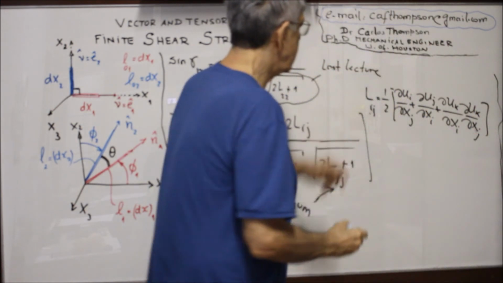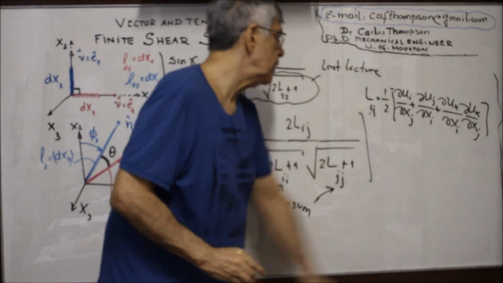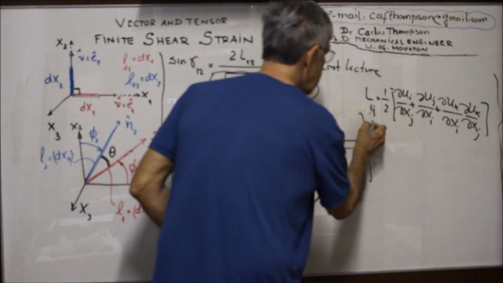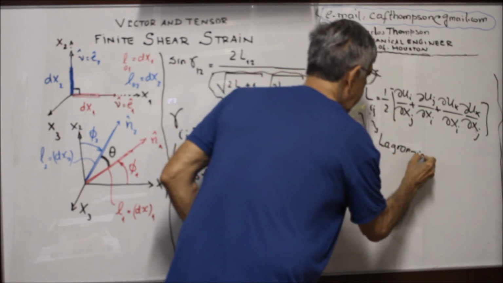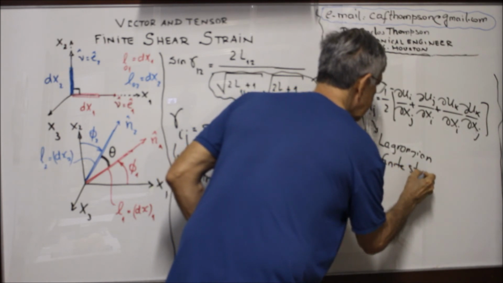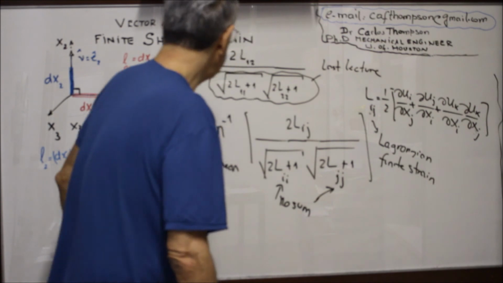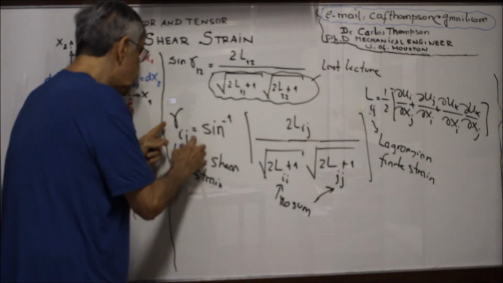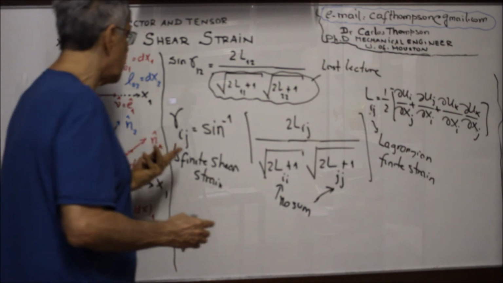See? This is a Lagrangian second order tensor, the Lagrangian finite strain. From this Lagrangian finite strain, we can calculate the shear strain and the normal strain.